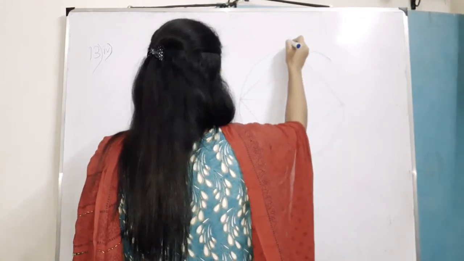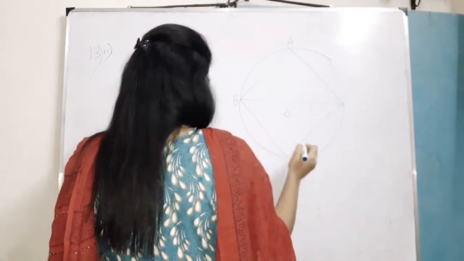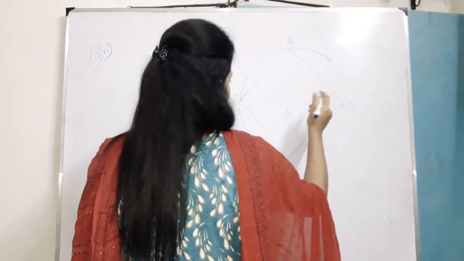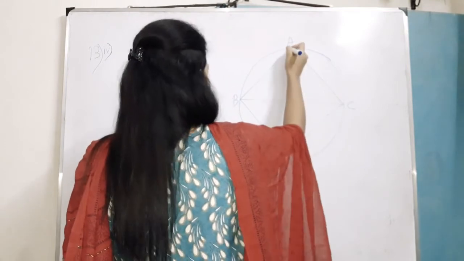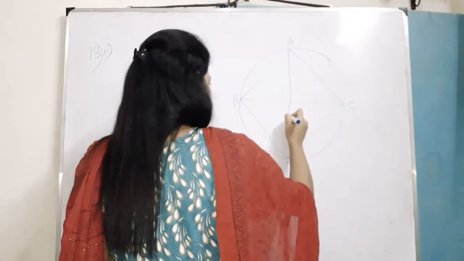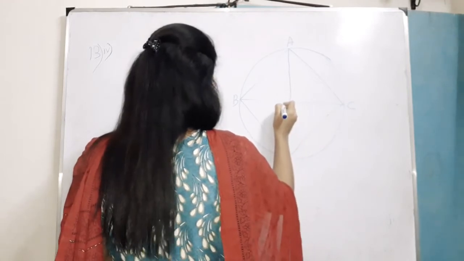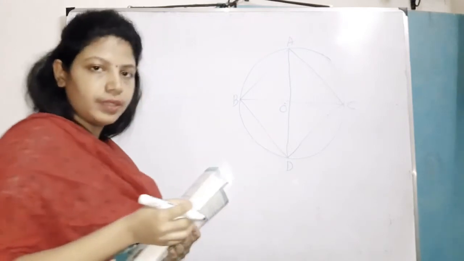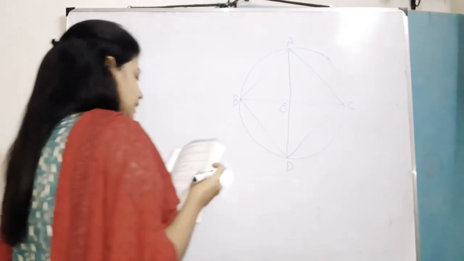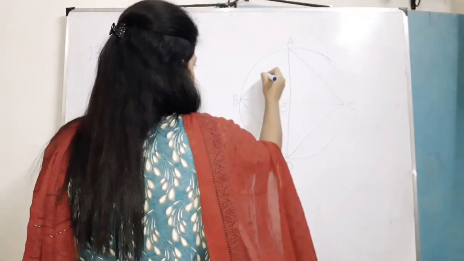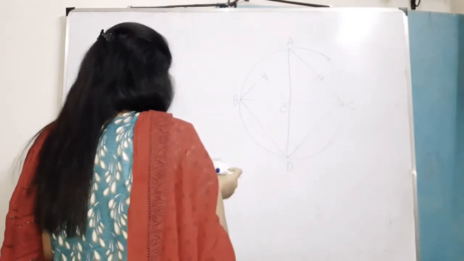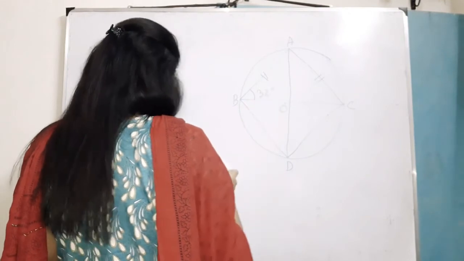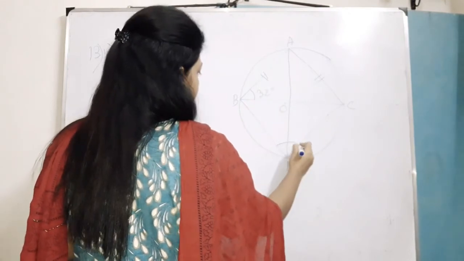And then write down A, B, D, C. And now you have to join AD. So, take the center here. Whenever you will draw the circle, please use compass. O is the center of the circle, AB equals to AC. If angle ABC equals to 32 degree, we have to find angle BDC.